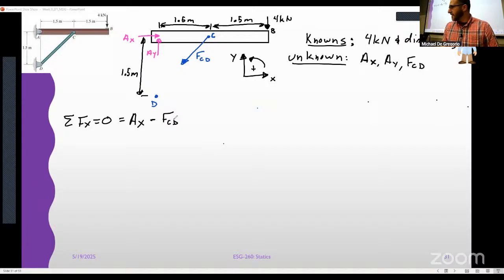Can we figure out what theta is? Right. So you could say it's the cosine of theta, right? So cosine would be over hypotenuse.